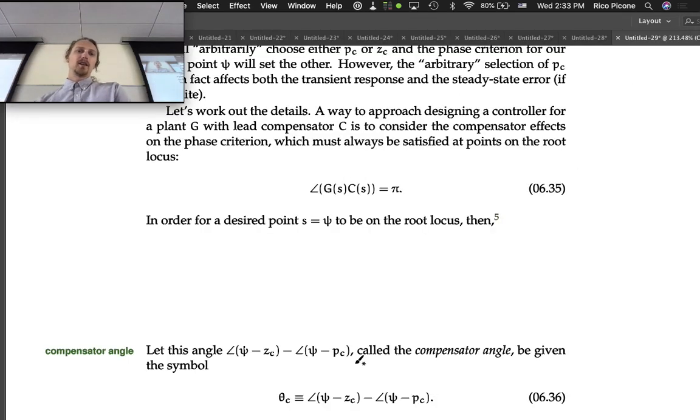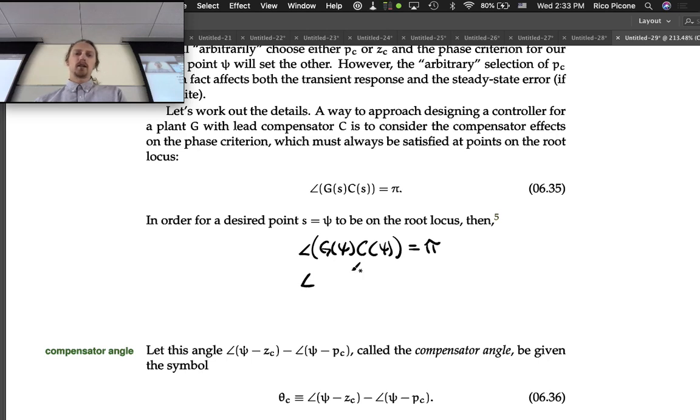Okay. So we've got essentially a plugging in of the point psi into our phase criterion for s, and we say that has to be equal to pi. And we're suppressing a 2 pi modulo here, right? Because it has to be equal to pi, or 3 pi, or 5 pi, 7 pi, etc., 2 pi increments. And remember that phases add when we multiply the complex components.